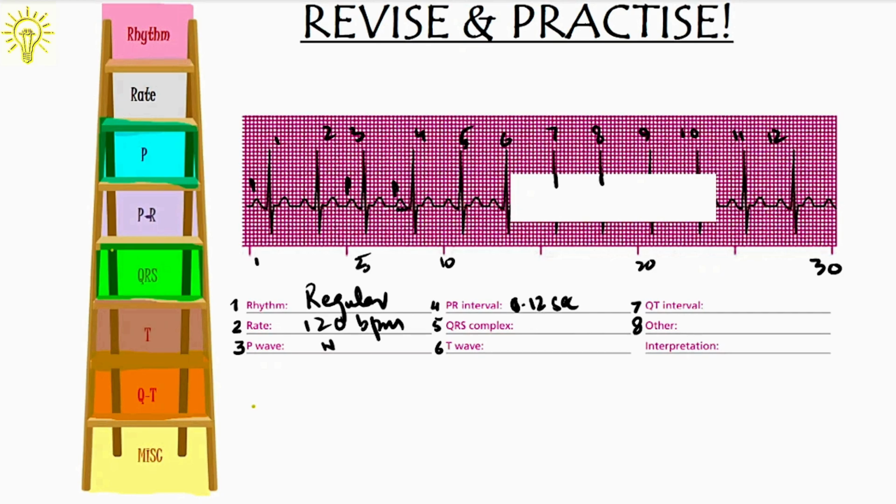The QRS complex is narrow, barely 2 small boxes, so less than 0.08 seconds. The T wave is normal. The QT interval is normal within range. There is no other anomaly I can see. So it is sinus tachycardia since the heart rate is greater than 100.